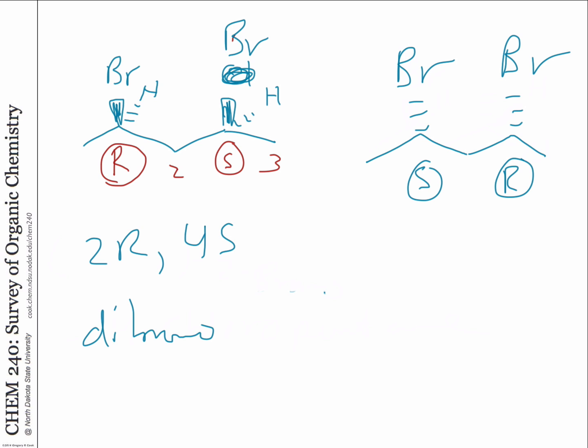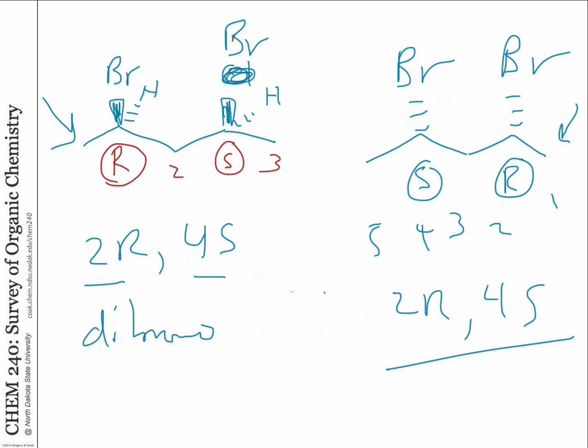You can number it from either direction. In the one on the left, I happen to number from the left side, 2R, 4S. Here, I get the exact same molecule because it's symmetric. I can number from the right, 1, 2, 3, 4, 5. It'd be 2R, 4S. Its mirror image is the same molecule.